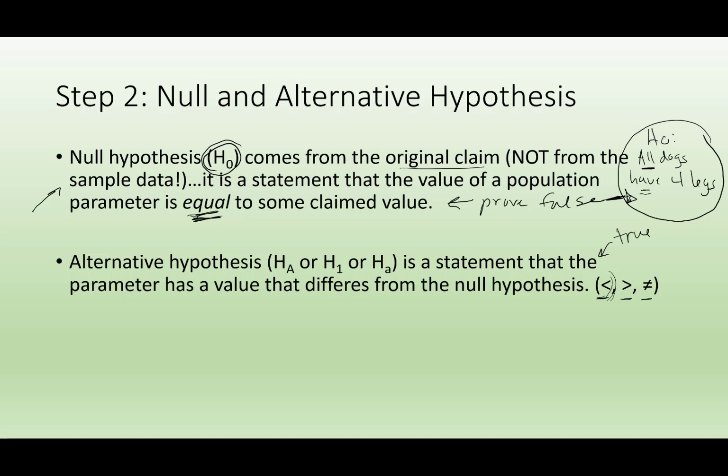That one example is enough for me to prove that this is false, and then by default, my alternative hypothesis would need to be the true statement. So that is why when we're doing hypothesis testing, the alternative hypothesis is usually what we are interested in. It's what we are trying to show to be true. But we show that this is true by proving that the null hypothesis is actually false.